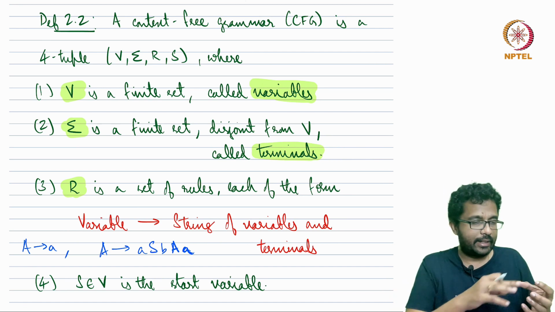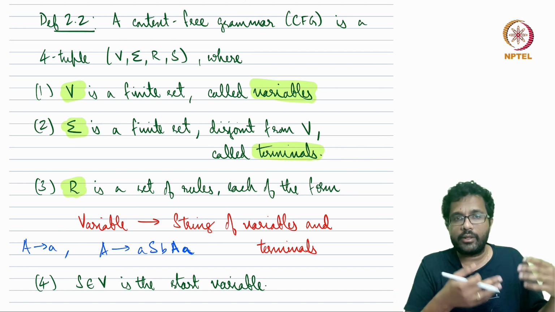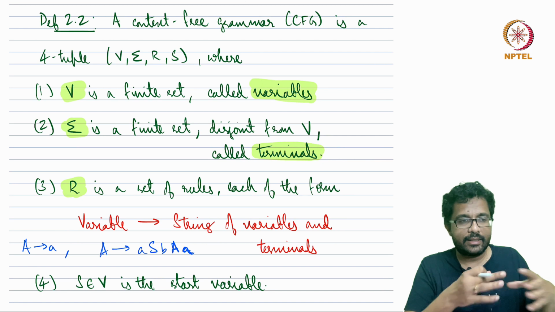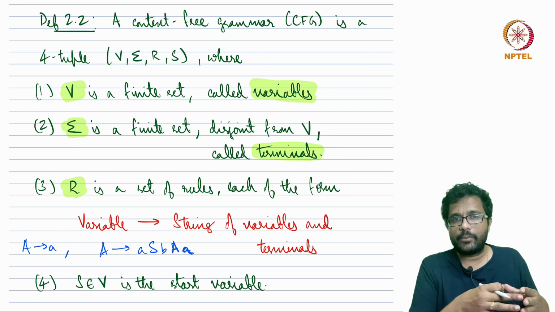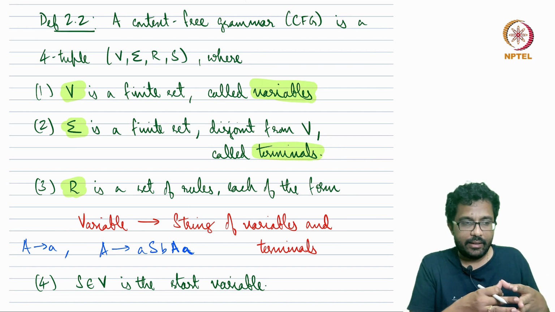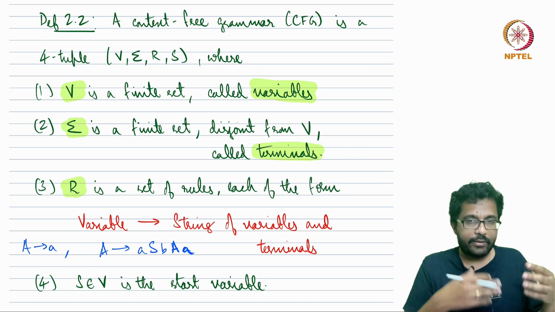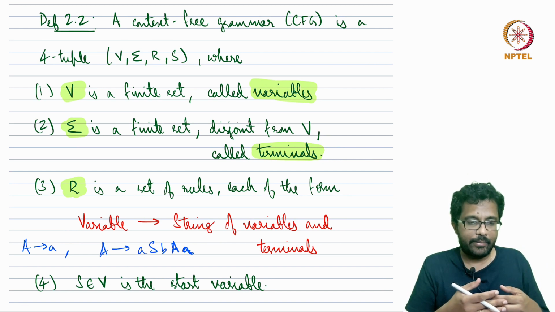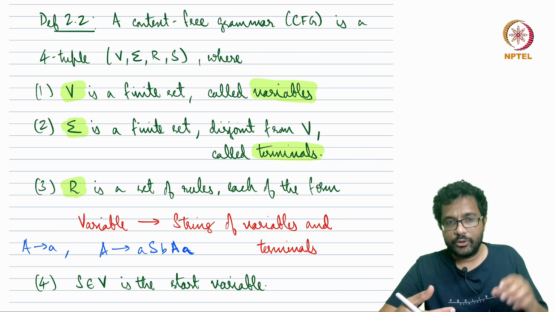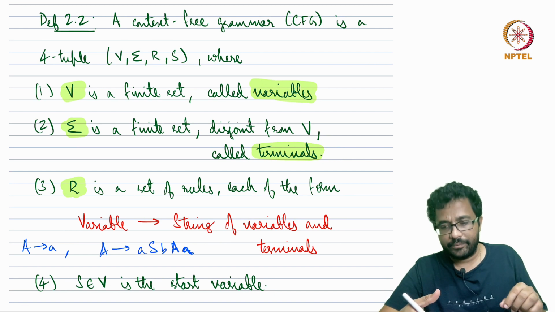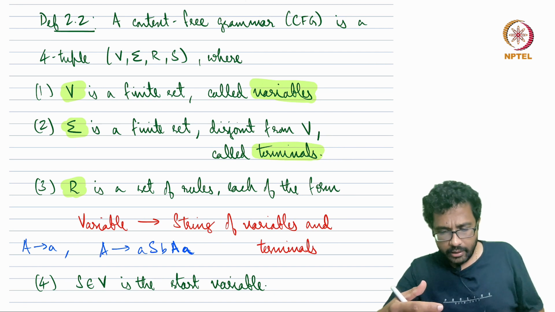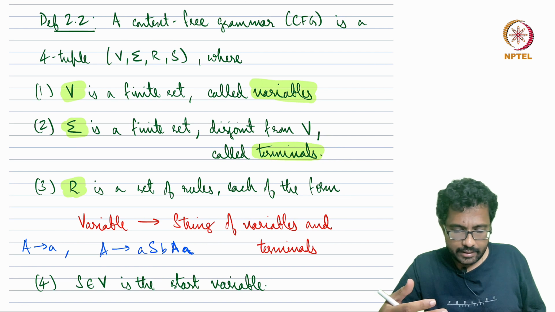Variables can be replaced by something, and we don't know what rule is going to be applied, so we don't know what the end product is. Terminals means you have terminated the processing of them, and this is the end product. This is not going to change.